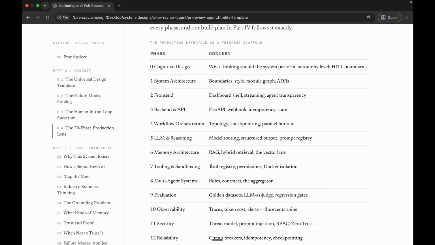For example, when we talk about choosing where we'll store our memory, we talk about 3 different databases. The cost is obviously cheap, but maintaining those 3 different databases, for example, reliability, failure modes, and all that is going to be very expensive. So we want to choose something which costs a little bit more, but where we only need to maintain one data store rather than 3 different ones.